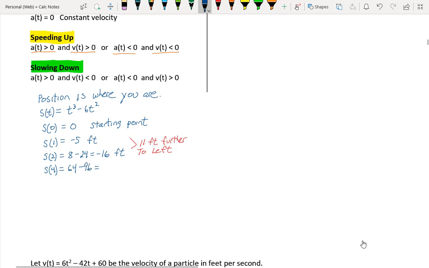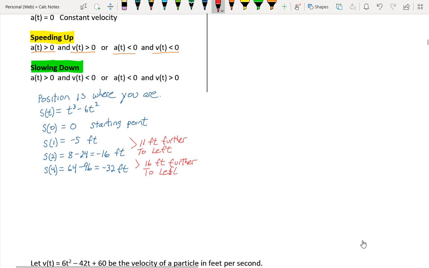So that's going to equal -32 feet. So again, what you want to keep in mind here is this means I moved 16 feet further to the left.